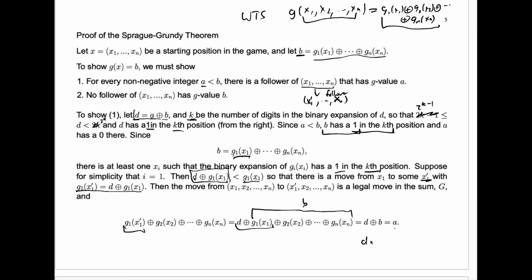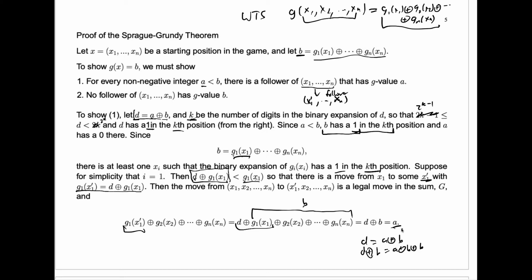Remember here, D was equal to, by definition, A nim sum B. So D plus B is A plus B, which is exactly A. And what does that tell us? That's actually what we wanted to show, that for any non-negative integer A which is smaller than B, there's a follower which has g value, the value of g, which is our proposed Sprague-Grundy function, exactly equal to A.